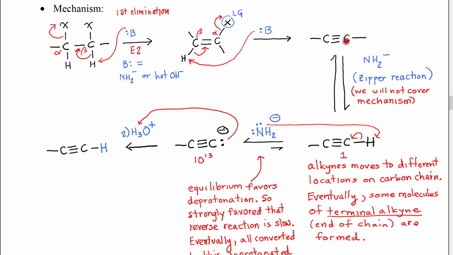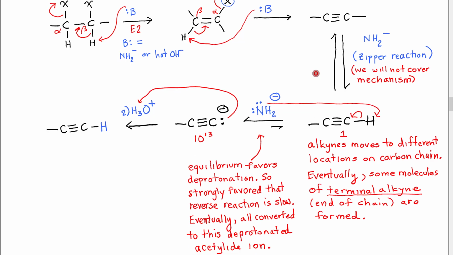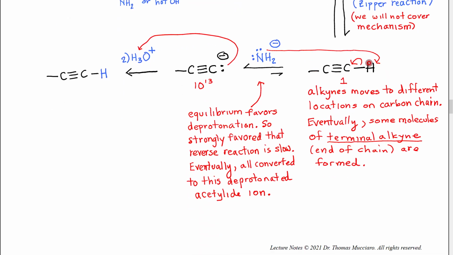So the alkyne starts moving back and forth on the chain. Eventually, the alkyne is going to reach the end of the chain, forming a terminal alkyne.